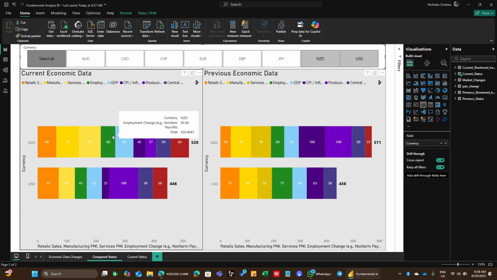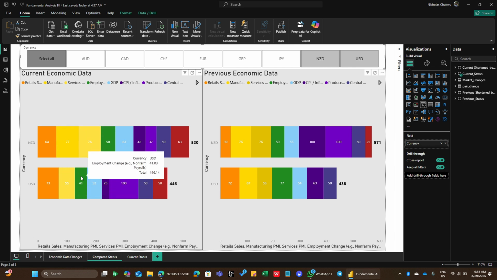However, the US is having real good retail sales compared to New Zealand, and New Zealand has good manufacturing information as well as service information, whereas the US has only service information but no manufacturing information. In this case, you should be careful, but do not forget the US still remains the international currency where everybody buys and sells and trades from.